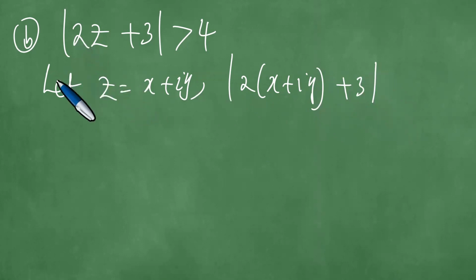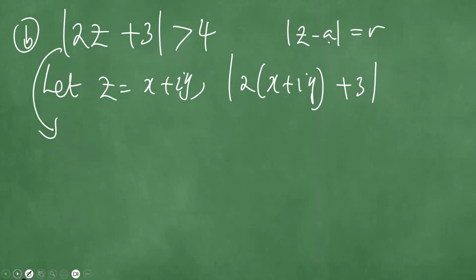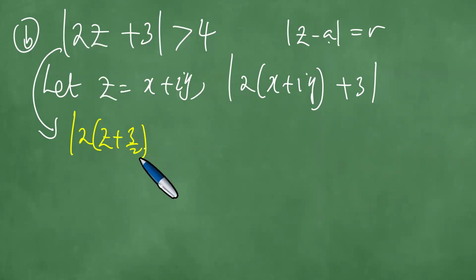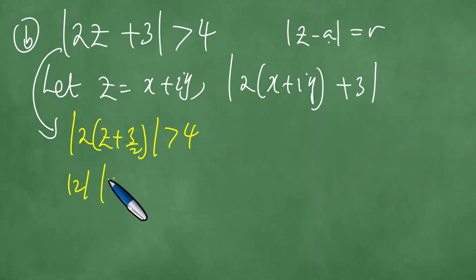In mathematics in general, we use the fact that the modulus of z minus a equals r is the circle of center a and radius r. And now we can use this fact to say the coefficient of z must be 1, and it is 2 here. So we can factor out 2. There are many ways to look at these. We can do x and y so that it looks like in school. But now this one is 2 times the modulus of z plus 3 over 2, bigger than 4.